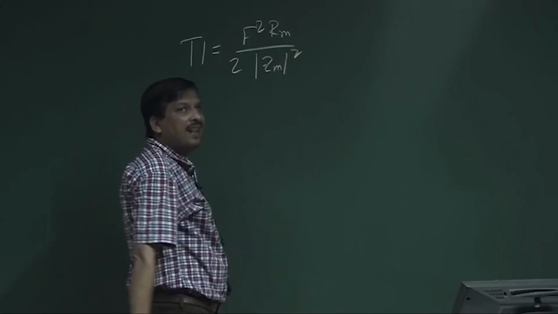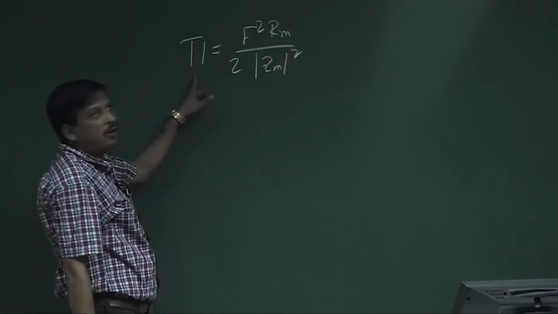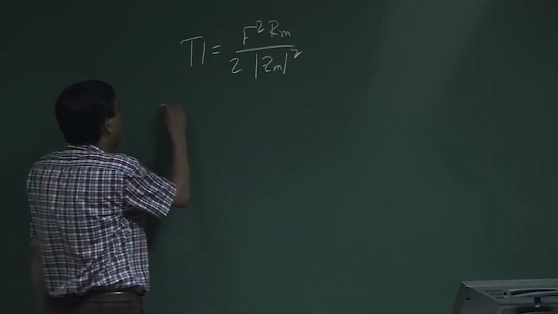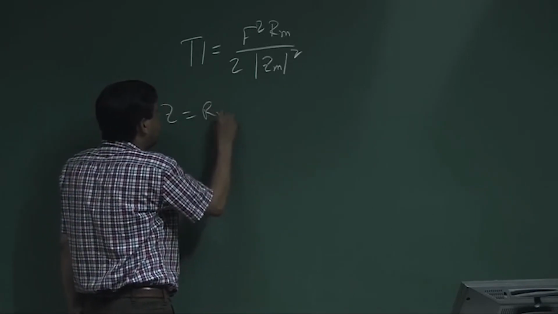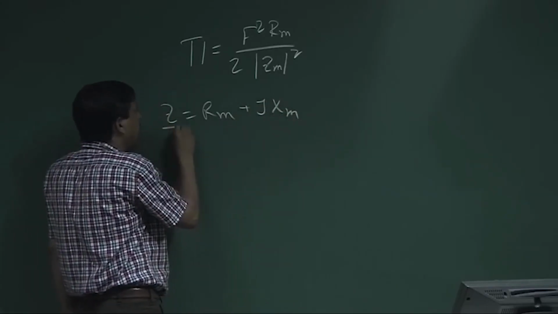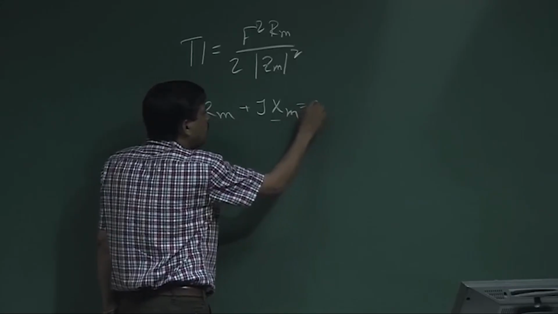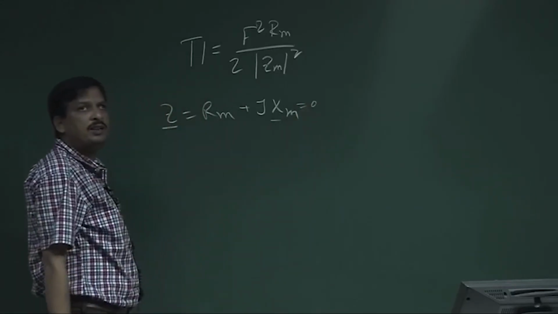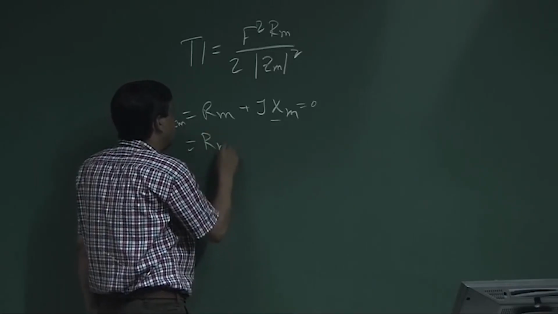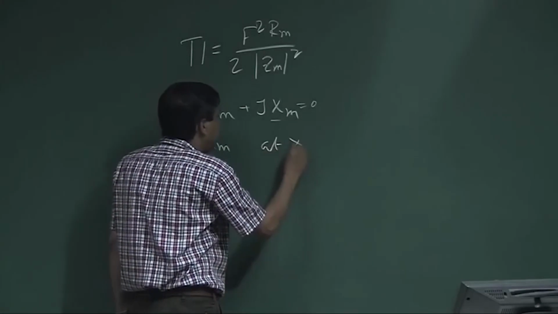And we said that average power will be maximum when Zm is minimum, and Zm is nothing but Rm plus jXm, and Zm will be minimum if Xm is equal to 0. So that means Zm is equal to Rm at Xm equal to 0.